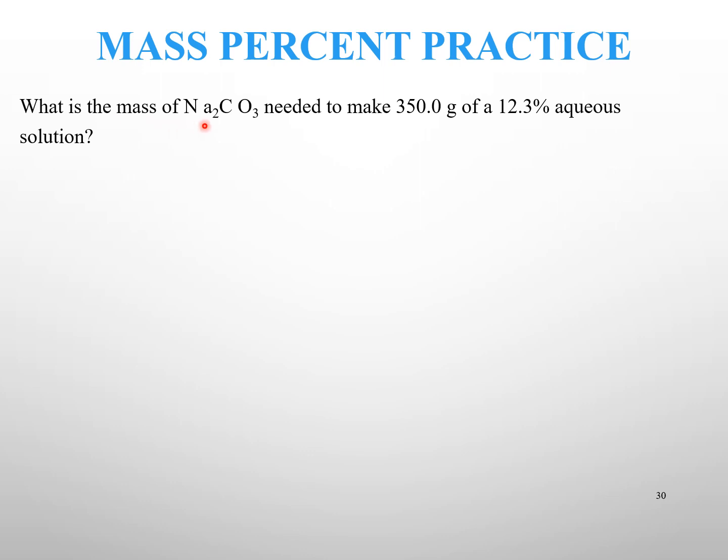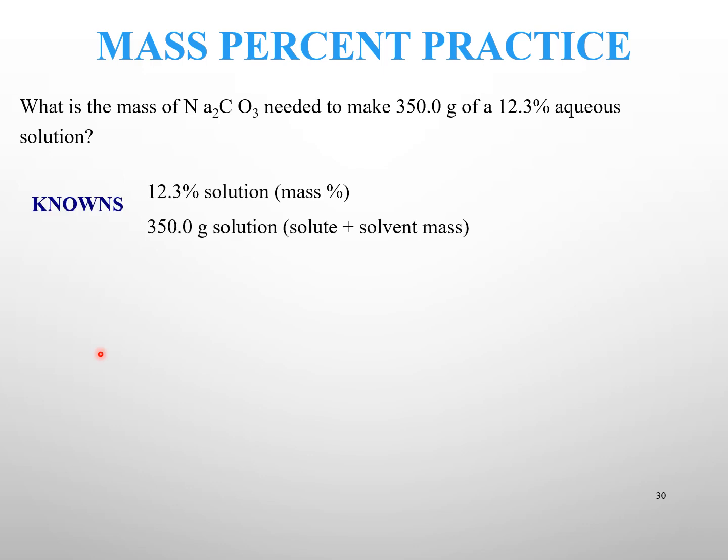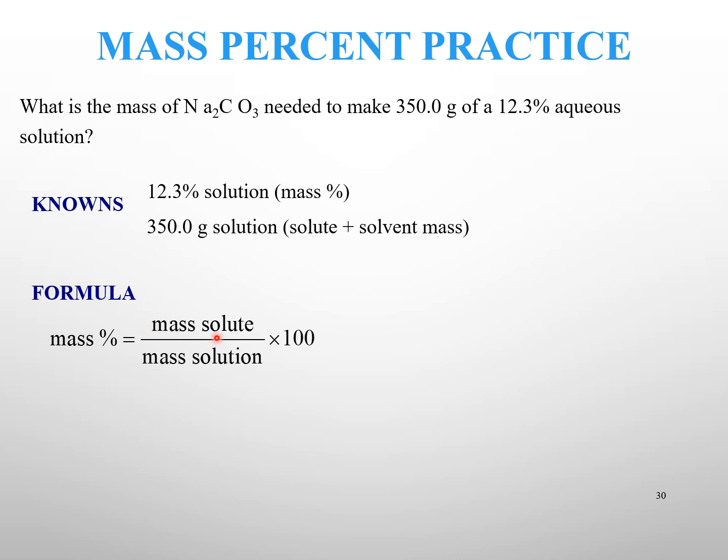What is the mass of Na2CO3 sodium carbonate needed to make 350 grams of a 12.3% aqueous solution? So 12.3% means you have 12.3 grams of solute in every 100 grams of solution. We know we have 350 grams of solution here.